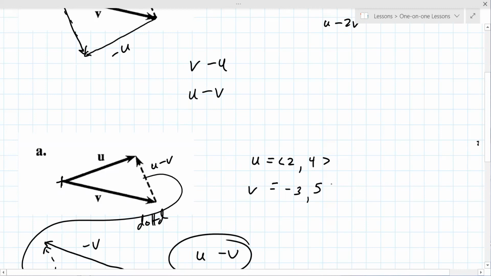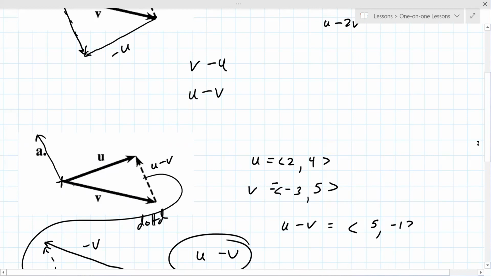Now if we were to just add them, or let's do u minus v, because we know that's correct. u minus v is 2 minus negative 3, so that's 5, and then 4 minus 5, minus 1. So the answer is that vector.